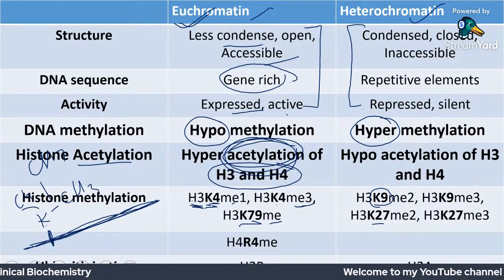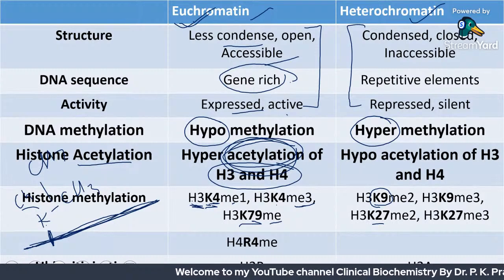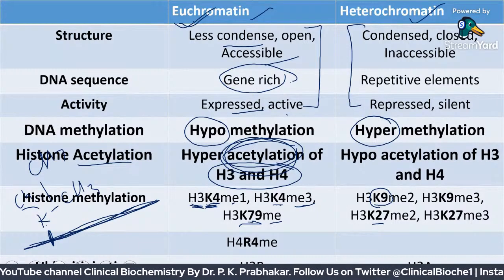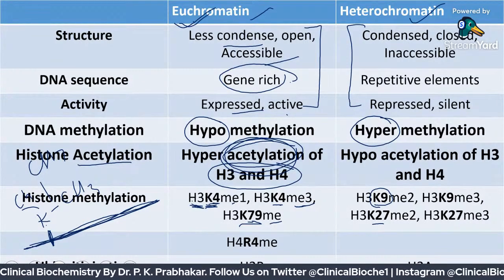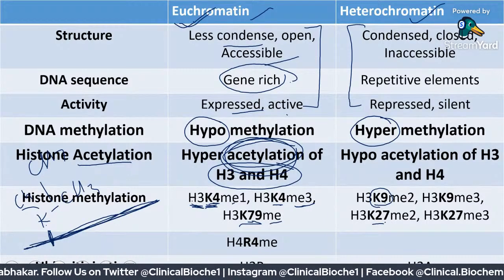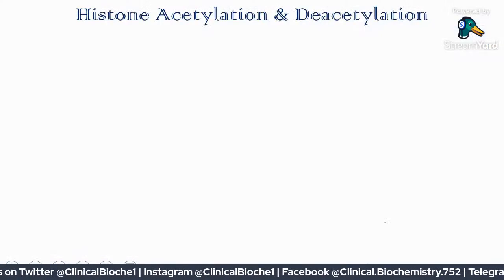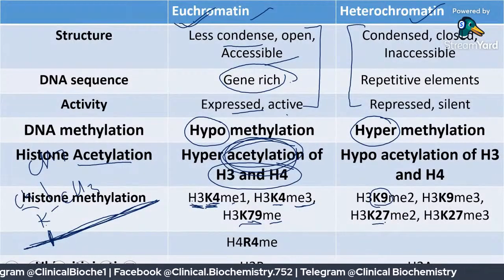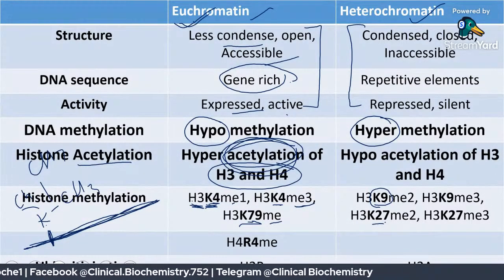So lysine methylation at different places gives you different types of effect. If it is position 4, position 79, euchromatin. 9 multiplied by 3 is 27, it will be heterochromatin. So it has different types of effect. Is this clear? Yes, sir. Okay.